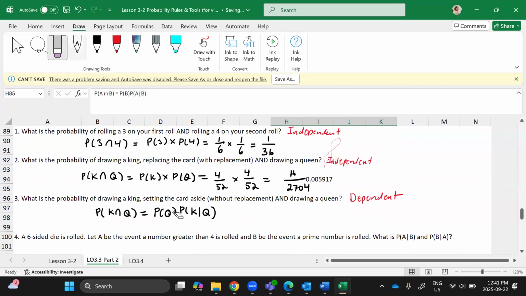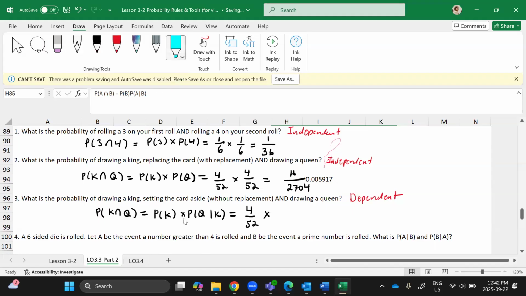Or I guess we can reverse it, because the question says probability of drawing a king first. So I'll just reverse it because it says that the king is first. So how this would work is probability of king times the probability you get a queen given you already took the king out. So with the first pick for the king, there's still 4 in 52.